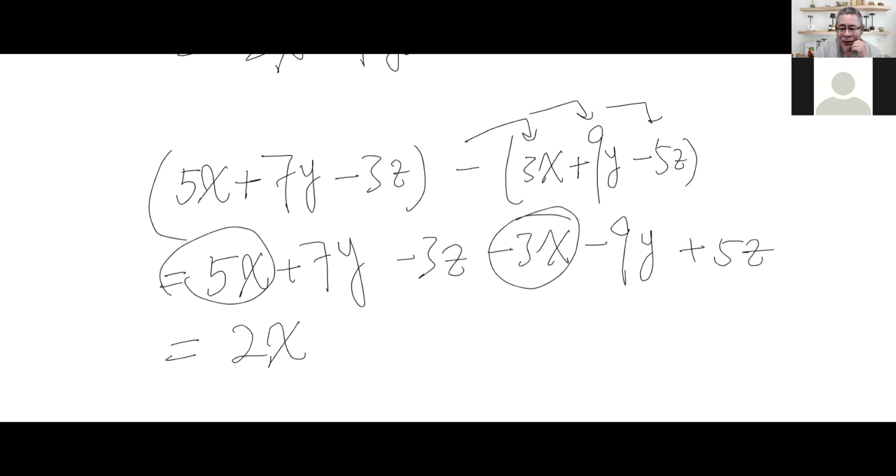Now 7y minus 9y, you got that right too. But minus 3z plus 5z, that should give us 2z. So that should be that. Good? Just practice and you'll be all right.